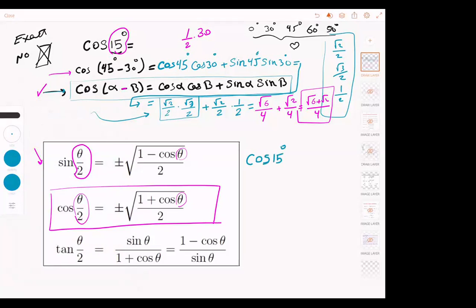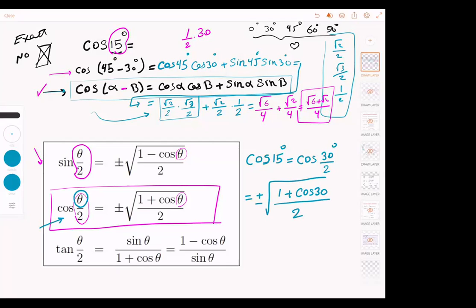And you saw 15 is the same as 30 over 2. And this is a half angle. Then cosine of theta over 2 will be equal to plus minus radical of 1 plus cosine of 30, everything divided by 2.